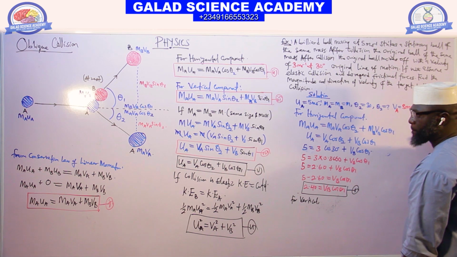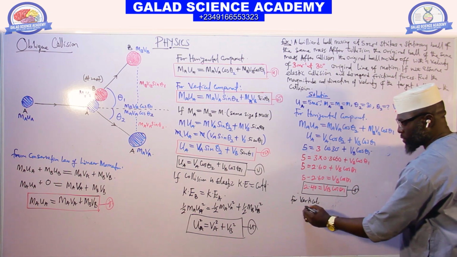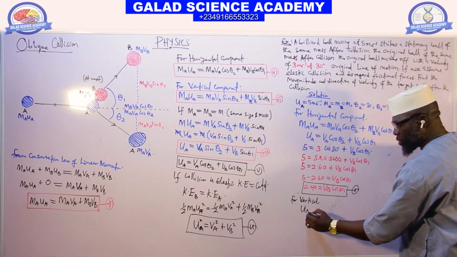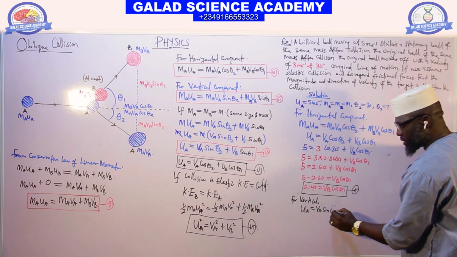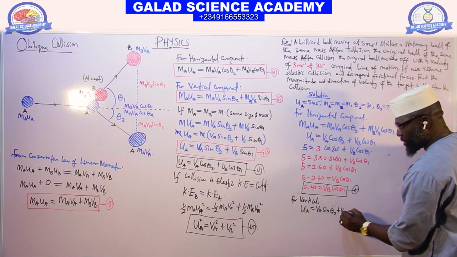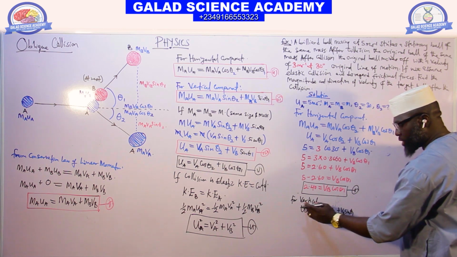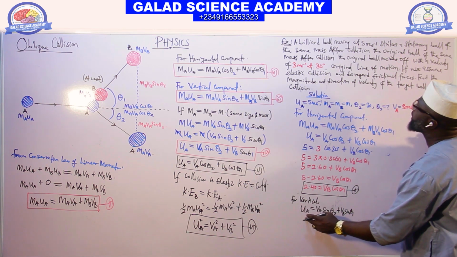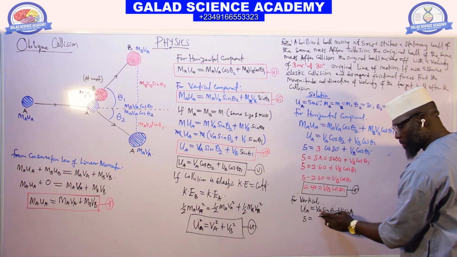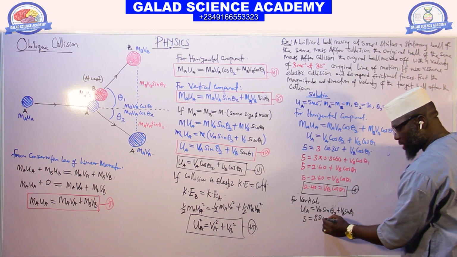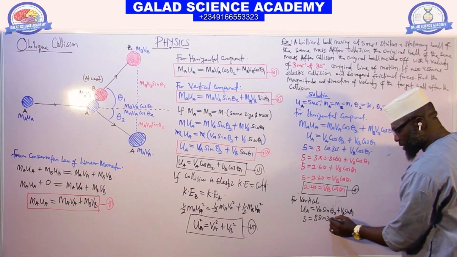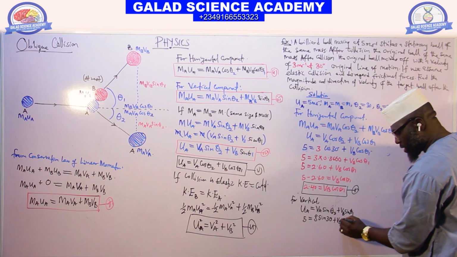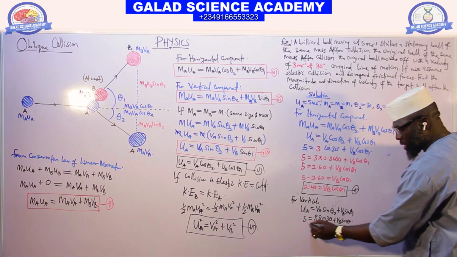We have this: U equal to VA sine theta 2 plus VB sine theta 1. The initial velocity is 5. This one is 3 sine 30 plus VB sine theta.